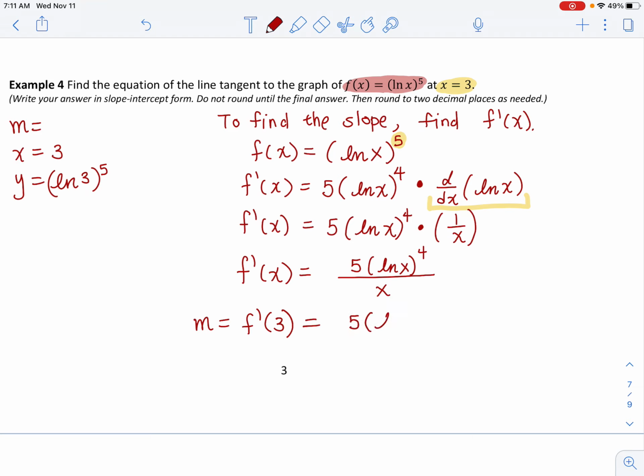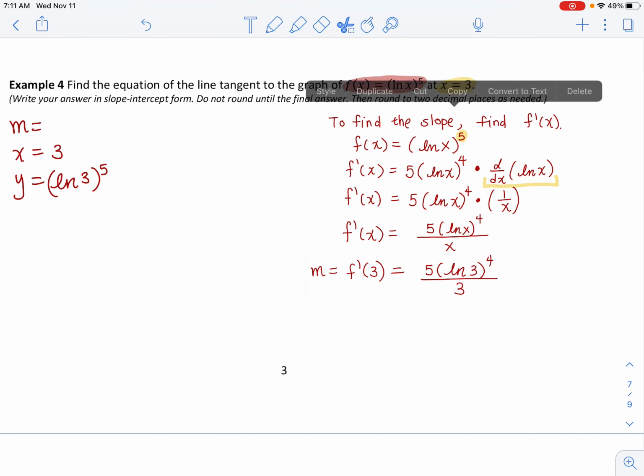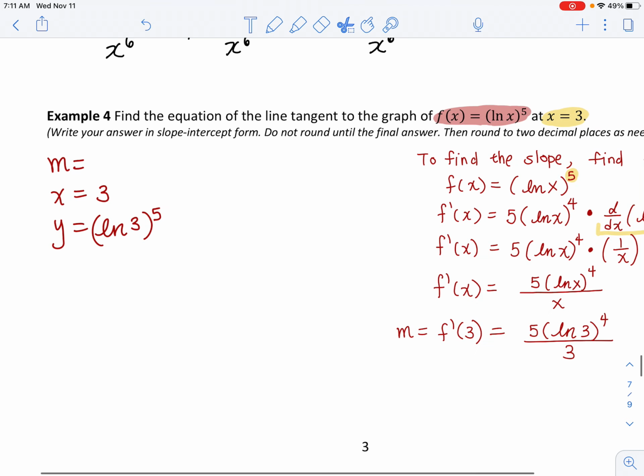So we'll get 5 times natural log of 3 raised to the 4th power divided by 3. So we have everything. We're ready to do the point slope form. All right, let me go ahead and write down that slope over here. So I got everything. 5 times natural log of 3 to the 4th power divided by 3.